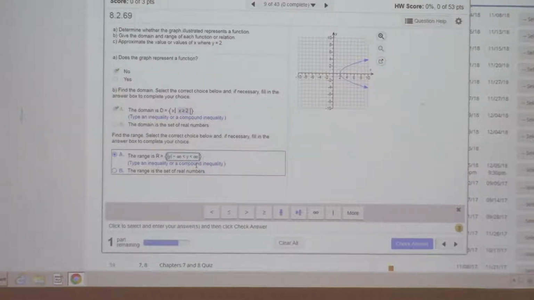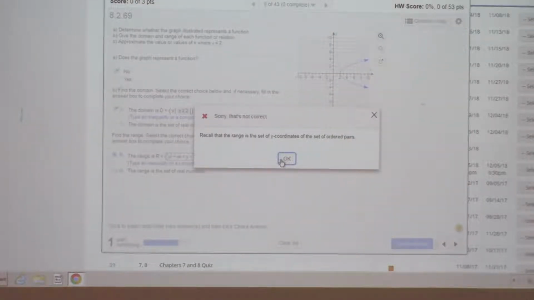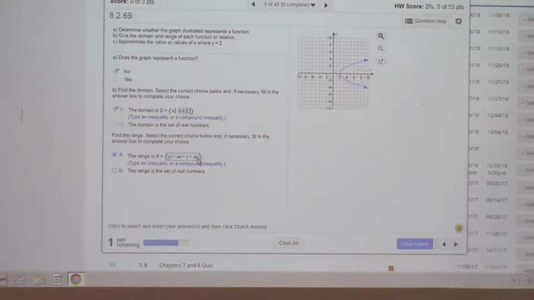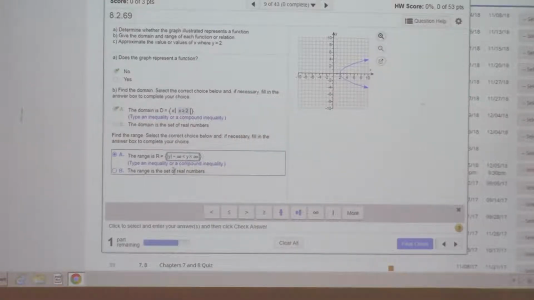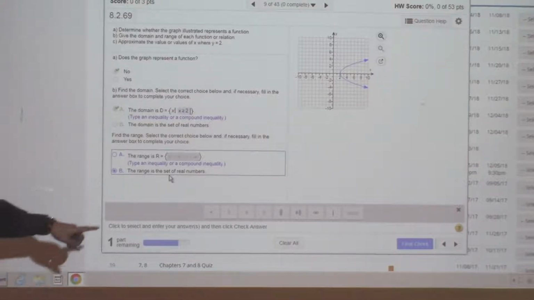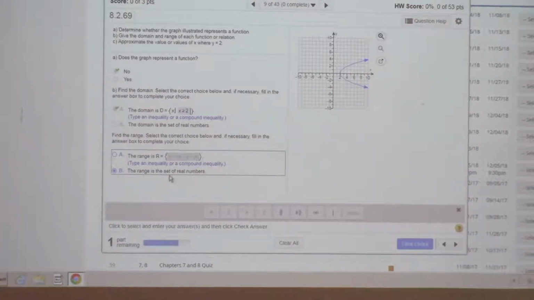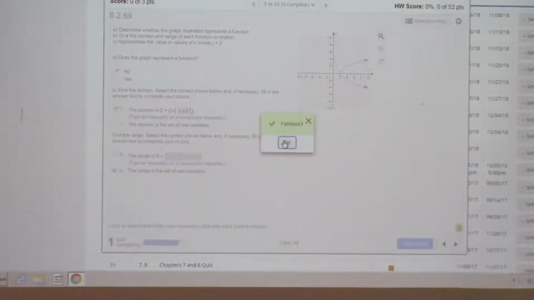Is that what they want? So type an inequality or y less than, no, what happened here? Oh, okay, here. The next one, the range is the set of all real numbers. Okay, there's that option there. All right, there we go.